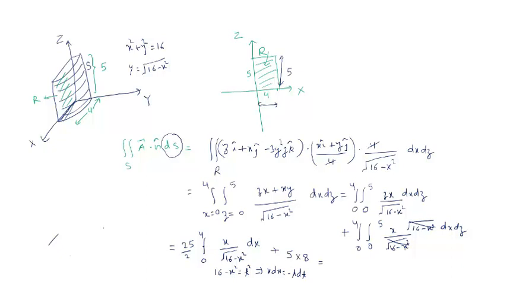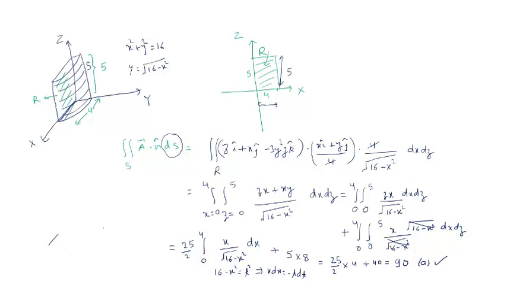So simply we can write it will be 4. It means we get 25 by 2 into 4 plus 8 into 5 is 40, and we get ultimately 50 plus 40 is 90. So option A was correct, it was 90.